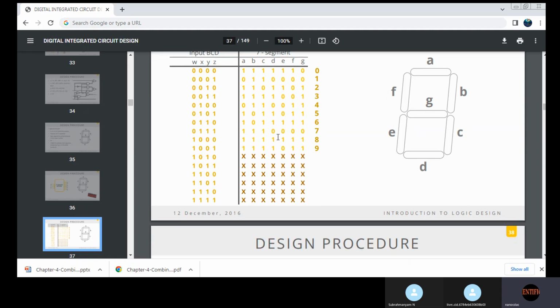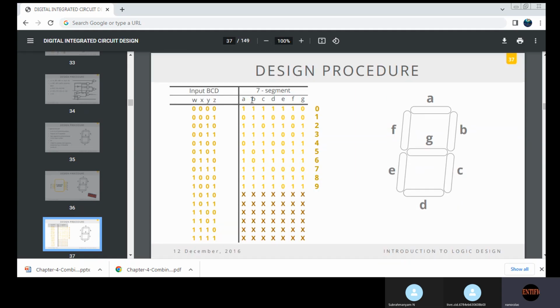After this, how do you design A, B, C, D, E, F, G? For A, you need to take the minterms. Minterms for A are 0, 2, 3, 4, 5, 6, 7, 8, 9.